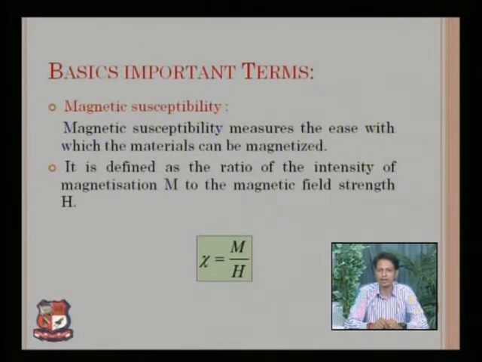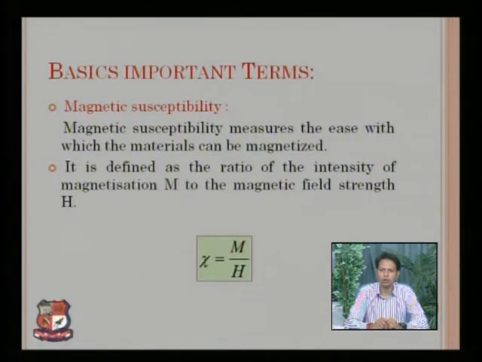It is defined as the ratio of intensity of magnetization M to the magnetic field strength H. The equation is chi is equal to M upon H. The symbol chi represents the magnetic susceptibility, M is the magnetization, and H represents the applied magnetic field or magnetic field strength.